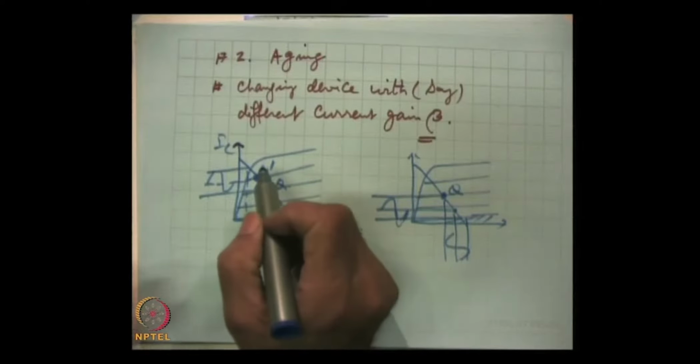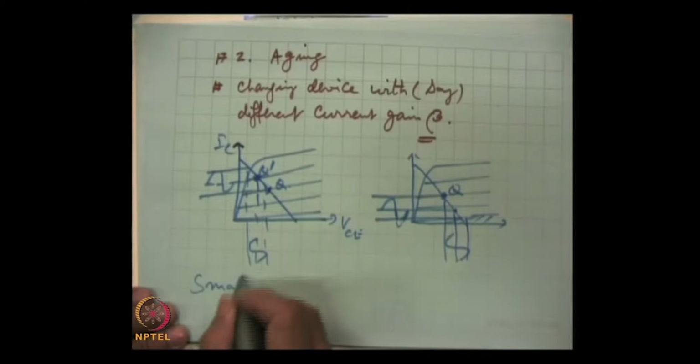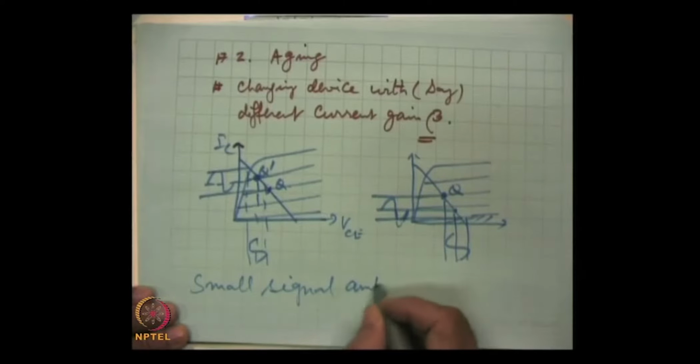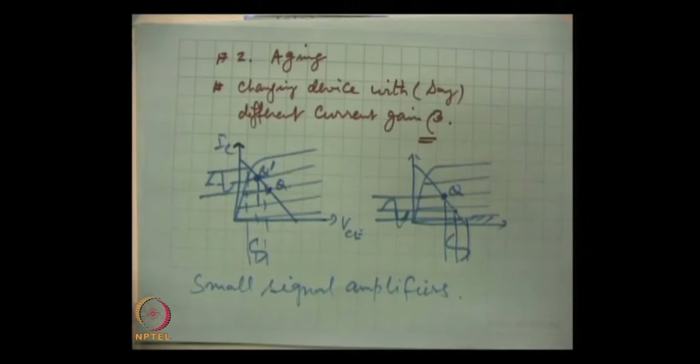At the moment, we are talking of small signal amplifiers. So, the Q point has to be chosen properly. We talked about the variation of the Q point, and in this connection we define a stability factor.